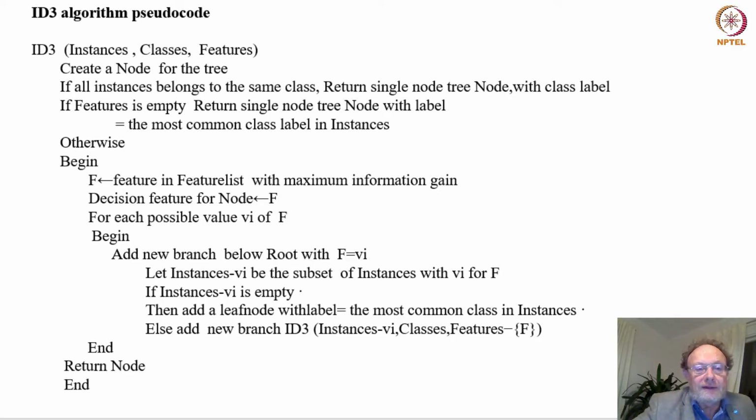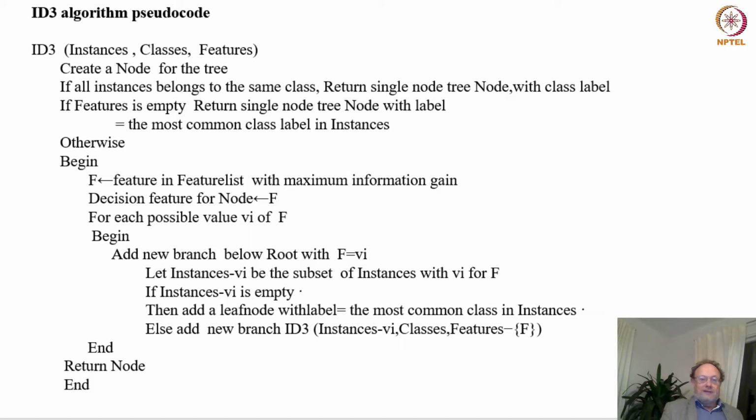This algorithm takes as input a set of instances, a set of classes, and a set of features. And what it does is that it returns a tree. It says return node in the end, but due to the function of the procedure, the algorithm actually returns a tree.